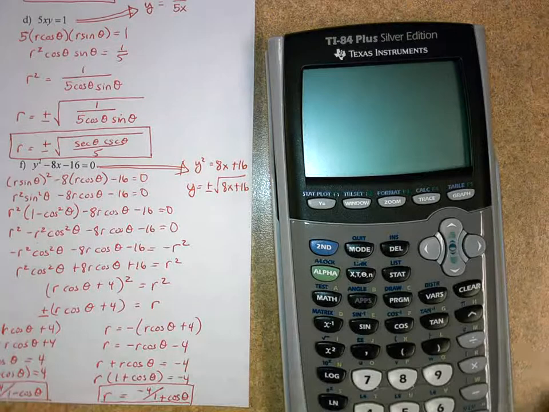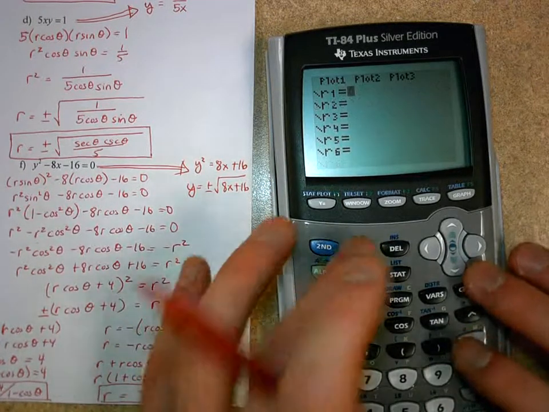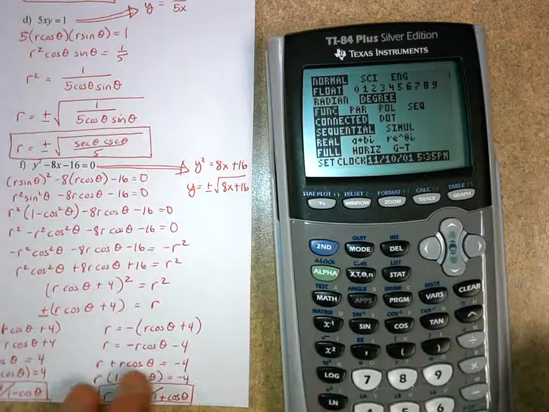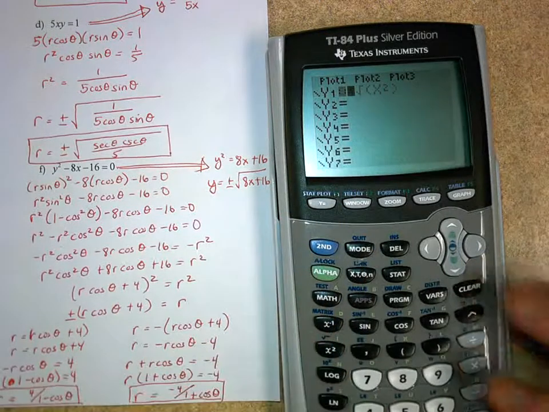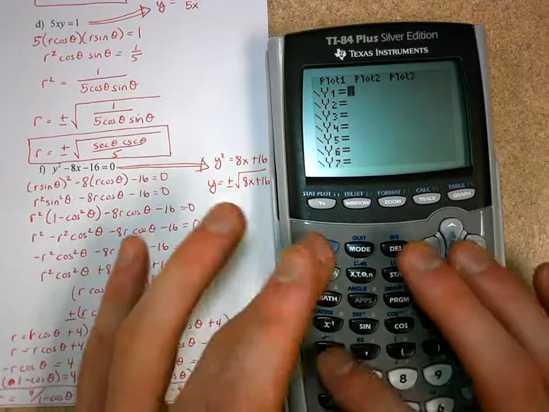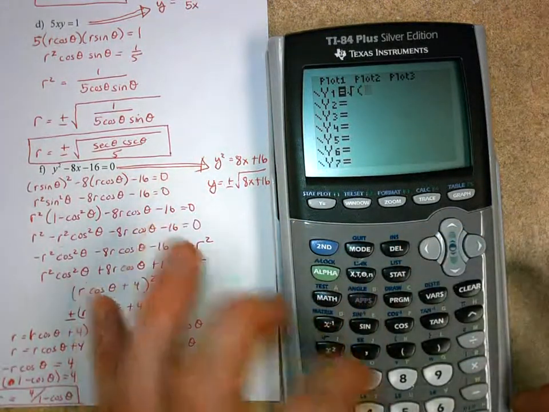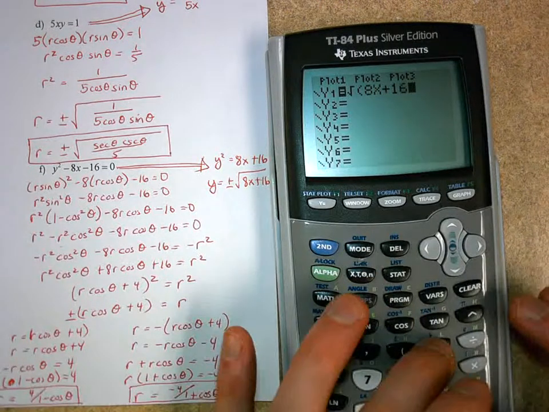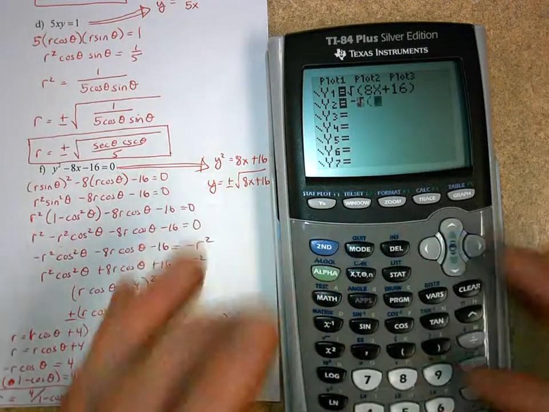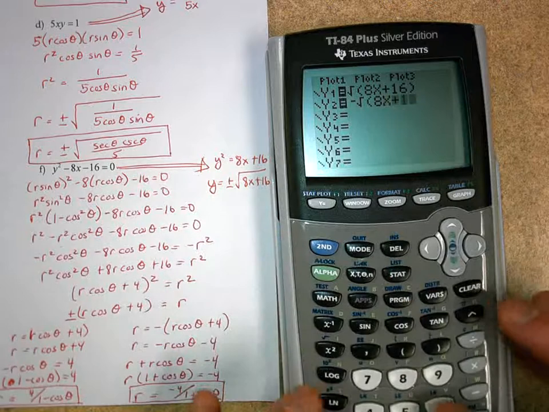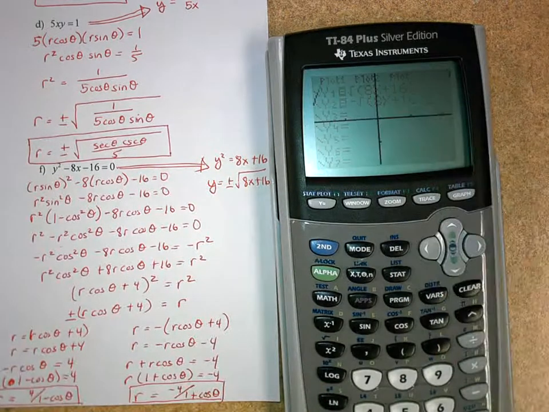So let's put these in. Change my mode back to function mode. And I want the square root of 8x plus 16. And I want the negative square root of 8x plus 16.